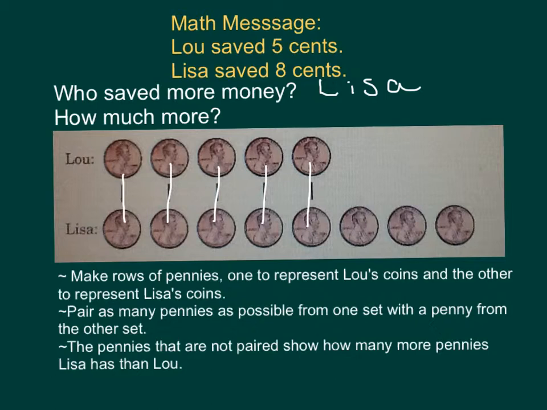Which then we can take a look here at the pennies that are not paired, show how many more pennies Lisa has than Lou. So again, we can come look right up here. We see these pennies right here. I'm just going to circle them, and then we can count those. 1, 2, 3. So Lisa had 3 more pennies than Lou. So we can write that right here.